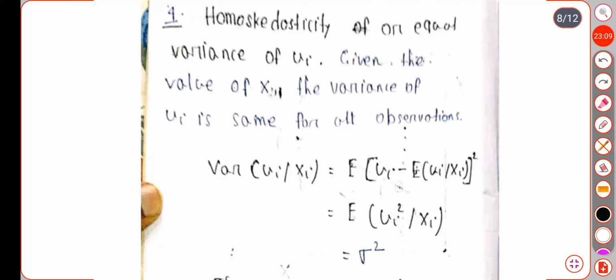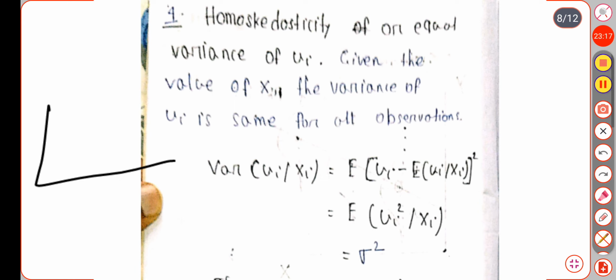It has equal variance. It will never happen that, suppose this is the best fit line, some error terms are very far away and some error terms are close. This type of situation can never happen. If this type of situation happens, then we will say that the assumption is violated.